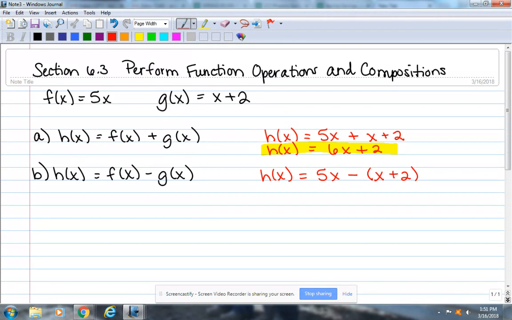And that means we distribute a -1, which means we will change all the signs for g of x. So that means h of x will equal 5x minus 1x, well, -1 times x is -1x. -1 times 2 is -2. And what's the last thing I do? Combine like terms. 5x minus 1x is 4x. So this one is h of x will equal 4x minus 2. And there's that answer.